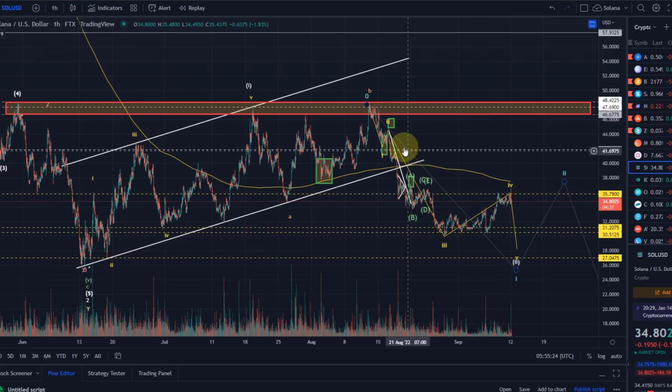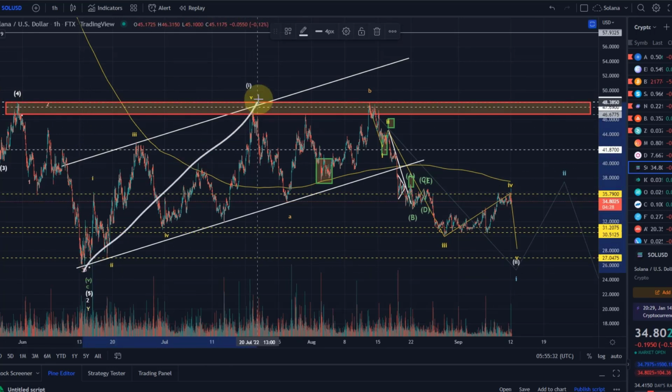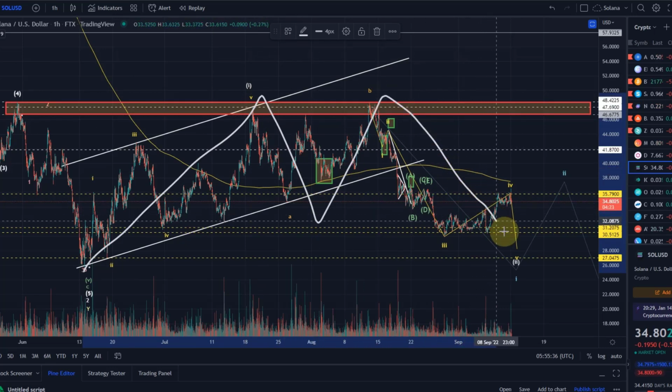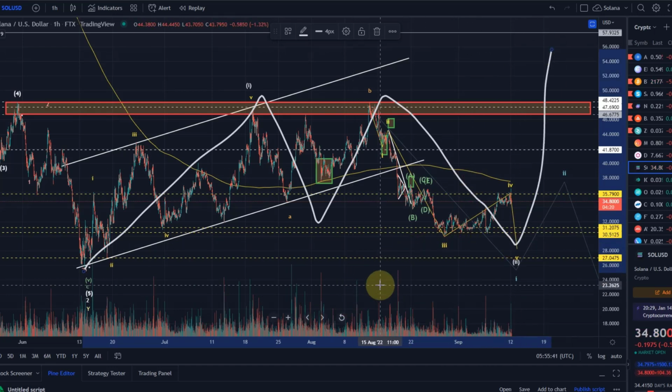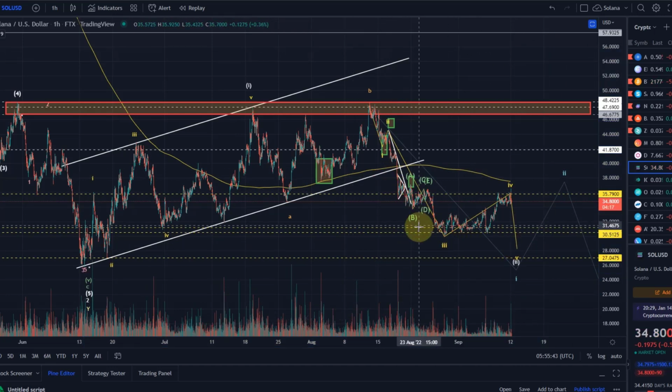That is what I prefer, because this structure here is messy. In this particular scenario, we had the wave 1, A, B, and the wave C is still happening, with another leg down before we can go up. That is due to the messiness of this structure.